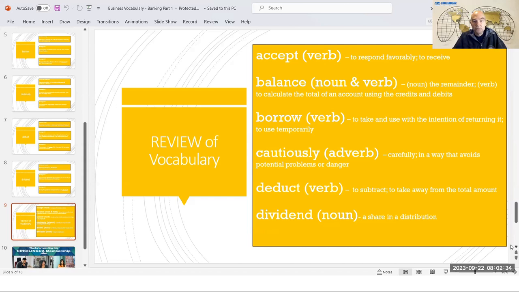And then our last word that we looked at was dividend. Dividend refers to a share in a distribution. If you purchase stock in a company, for example, you will receive occasional dividends on that stock that are paid out quarterly or annually or something to that effect. So it's a share in a distribution.